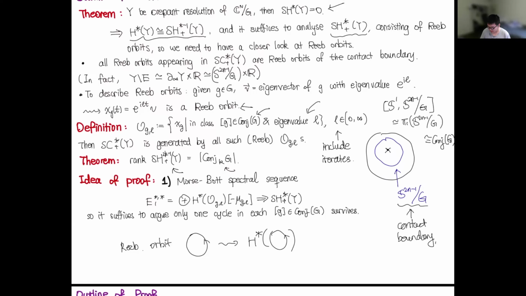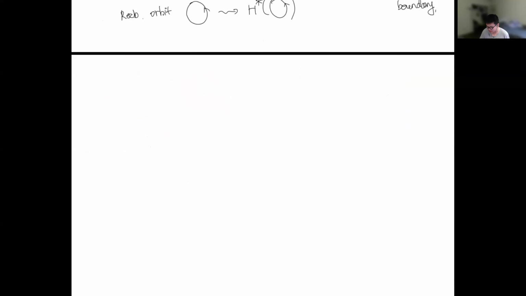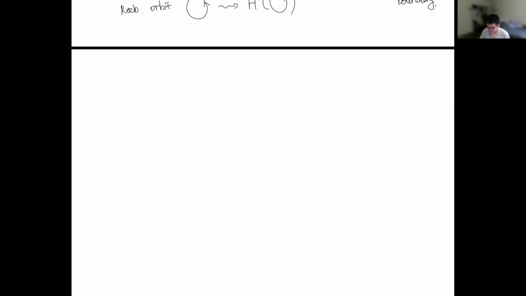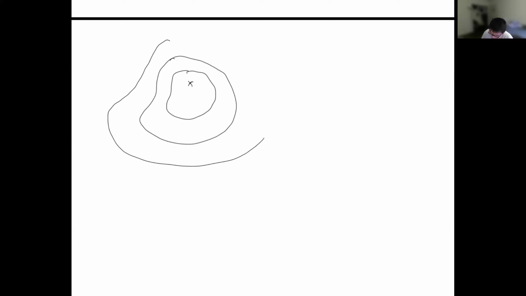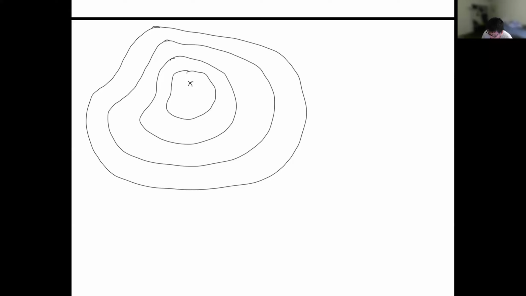This is actually like a two-step way of computing cohomologies. So the logic is that you have this critical point here, and then at the boundary you have many iterates. But you can use a symplectic structure to make these iterates disjoint from each other.